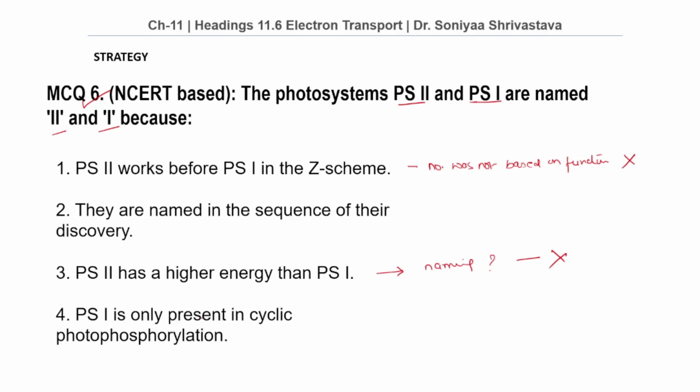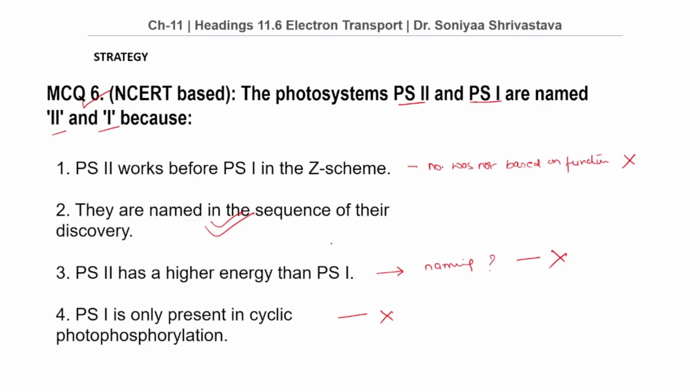Option number 4. PS1 is only present in cyclic photophosphorylation. Firstly, PS1 participates in both cyclic and non-cyclic. And secondly, this statement is not the correct reason for numbering. So this is also wrong. Now coming to option number 2. They are named in the sequence of their discovery. Yes, this is our correct option.